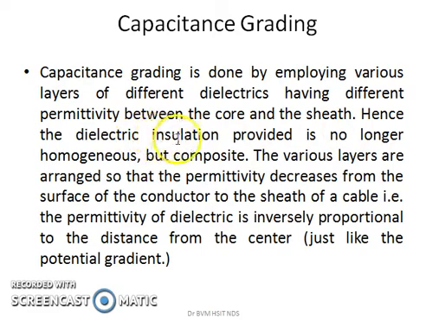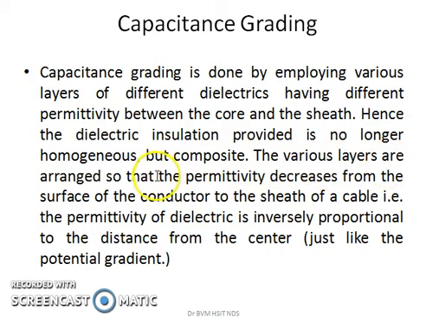Hence, the dielectric insulation that is provided is no longer homogeneous. It is not a single dielectric, it is different dielectrics. It's not the same, but composite, made up of different dielectrics.